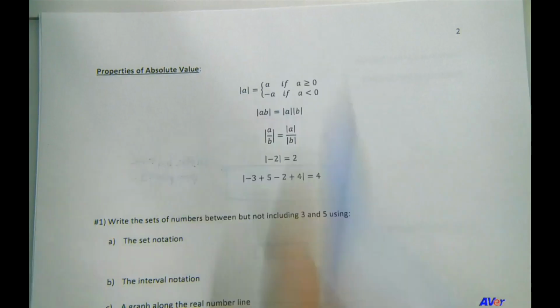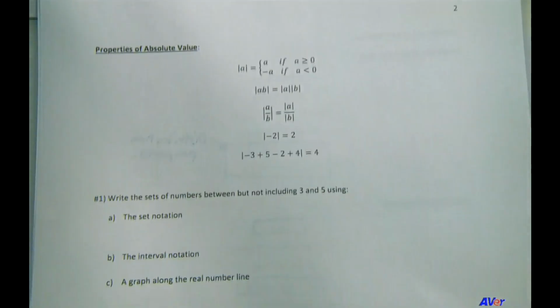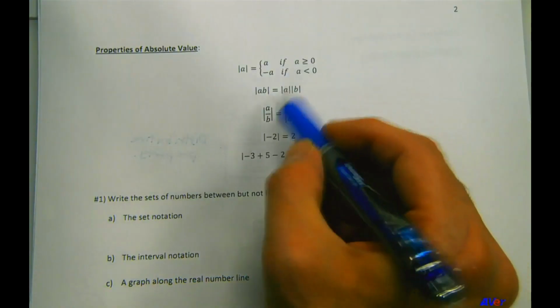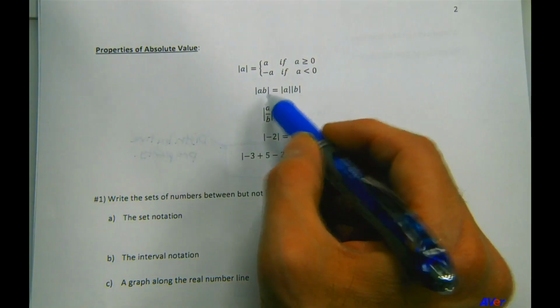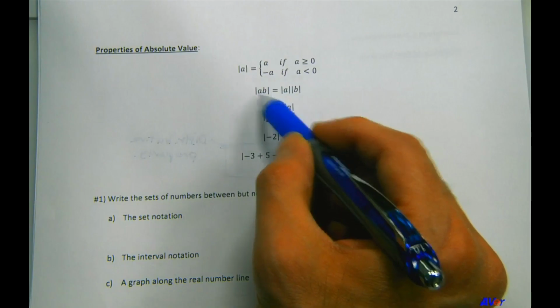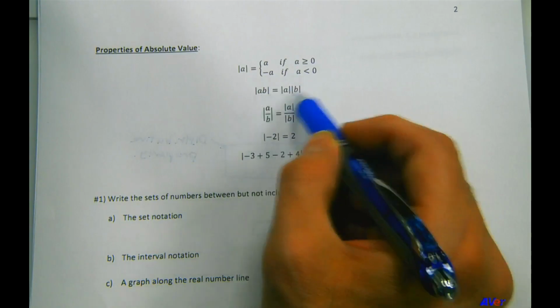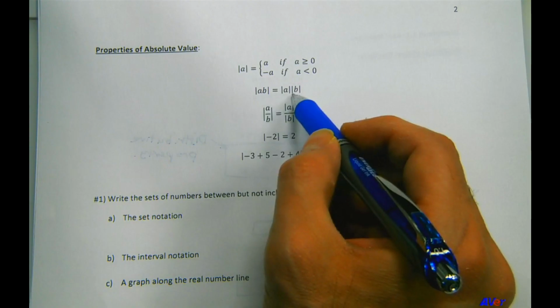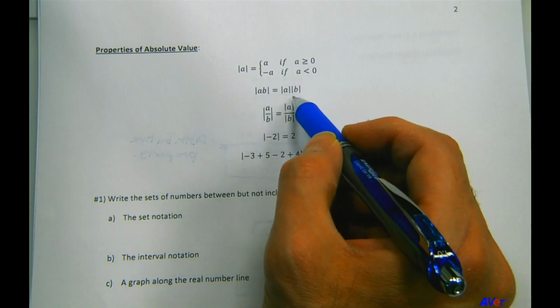We will, like I said, have more to say about that in the coming sections. So this is another property of absolute values, which is the absolute value of AB. You can break it up into two separate absolute value terms being multiplied by each other. Okay?